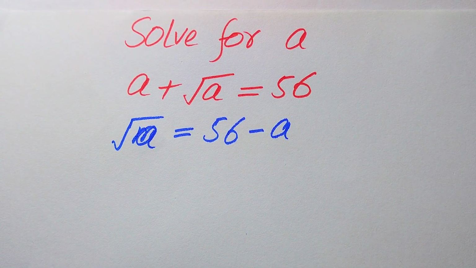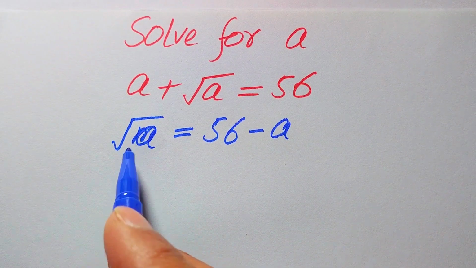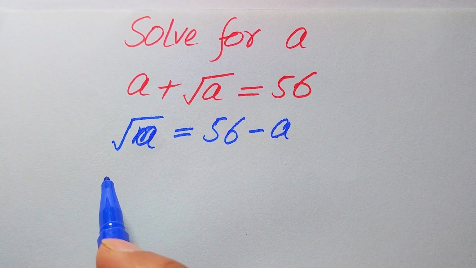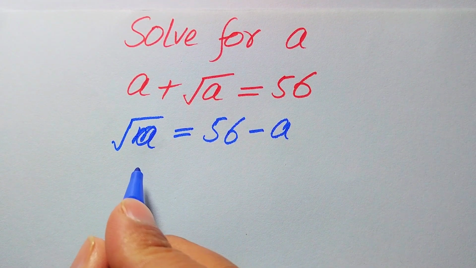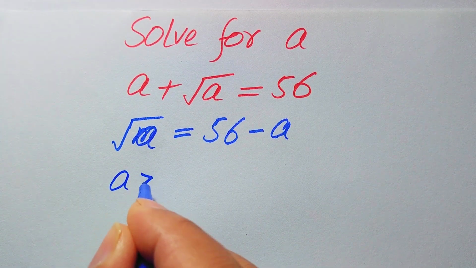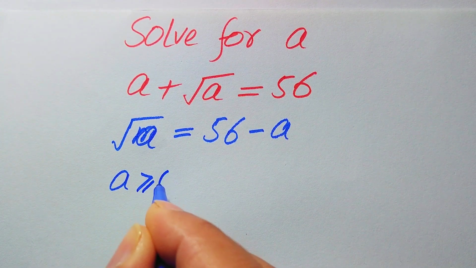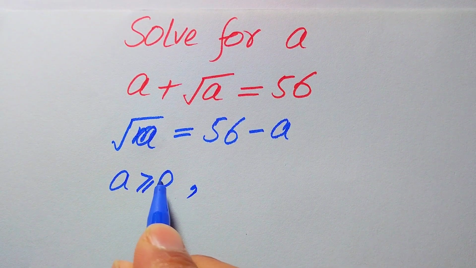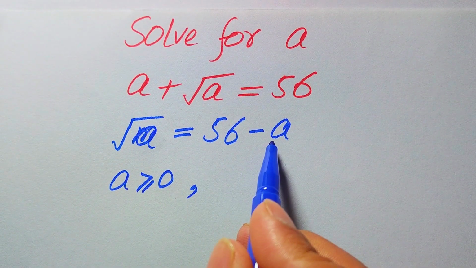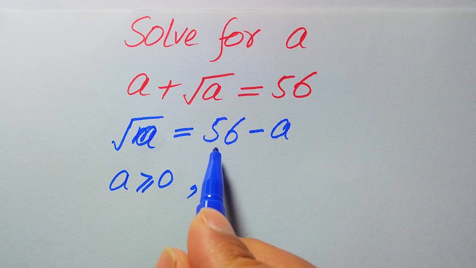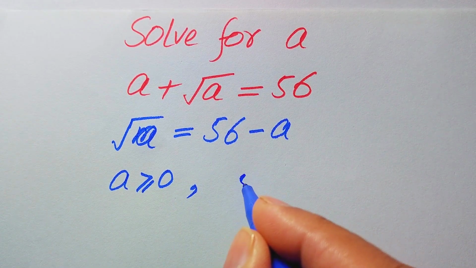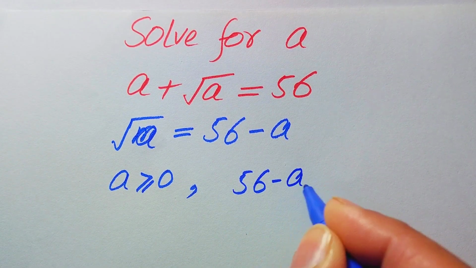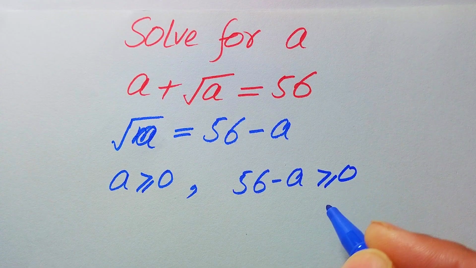Okay, so now you very well know that the square root always gives us a positive value. It means that a is always greater than or equals to 0. So if a is greater than or equals to 0, then 56 minus a also becomes positive, or greater than or equals to 0.